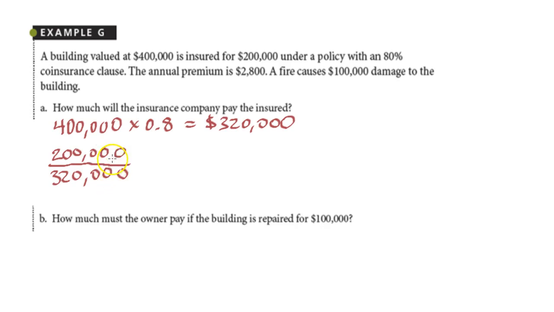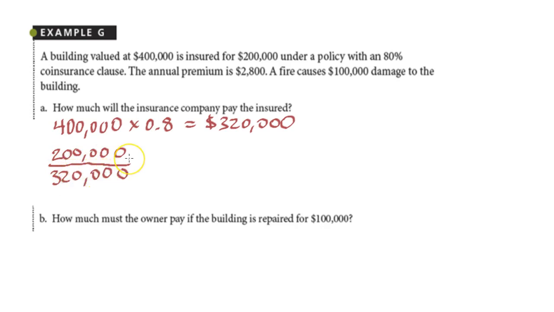In other words, the value on the numerator can never exceed the value on the denominator. So in this case, we have 200,000, but we can actually have a policy up to 80% of the value of the house, or whatever the coinsurance is times the value of the house. So this fraction can actually be 1. In this case, this fraction is less than 1.